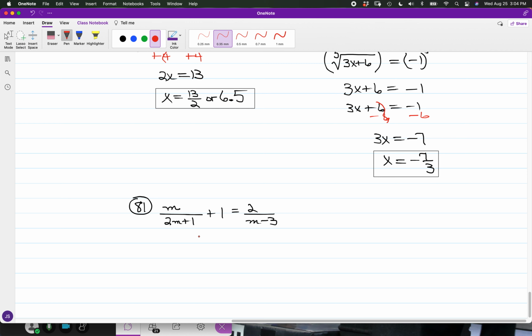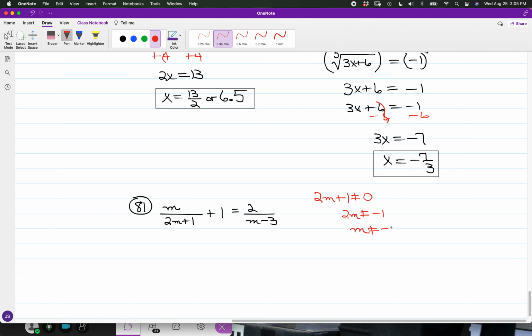So with our denominators, we have 2m plus 1 and m minus 3, so neither denominator can be 0. So 2m plus 1 cannot be 0. Think of it like trying to solve for m whenever 2m plus 1 is equal to 0, but you cannot have m be that value. So if we take away 1 from both sides, I have 2m cannot be negative 1.